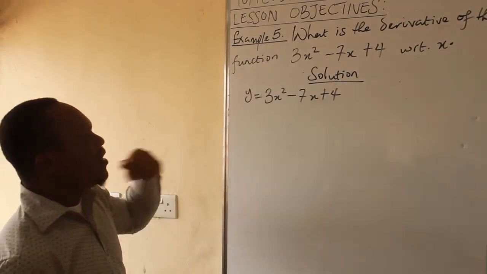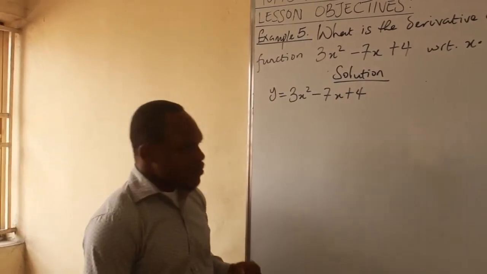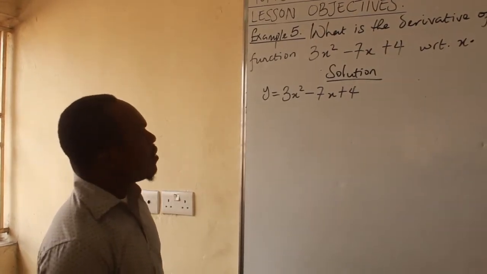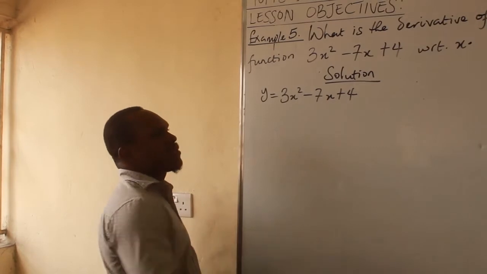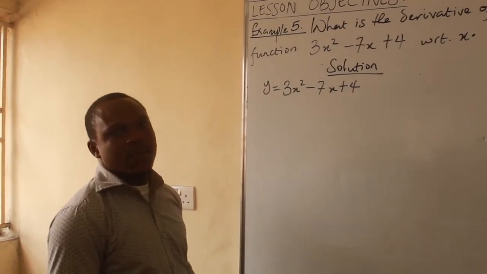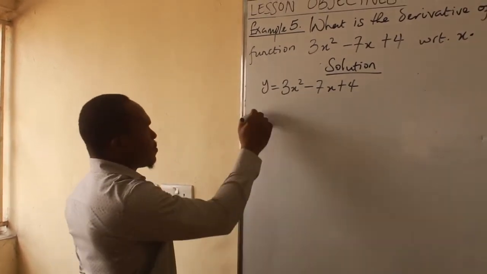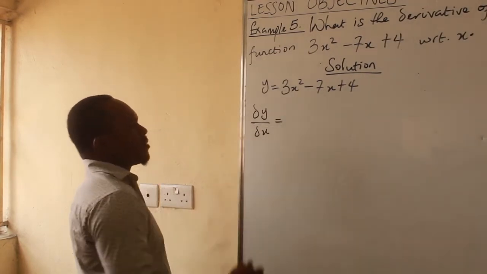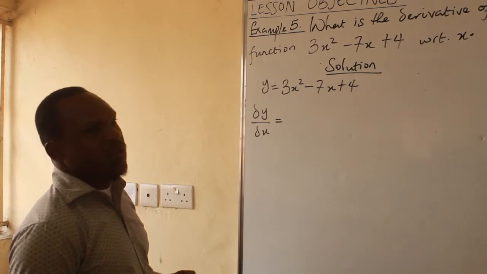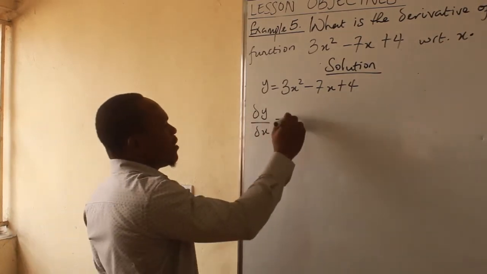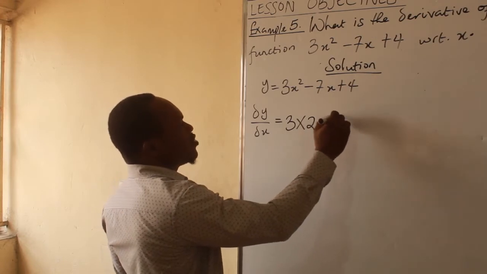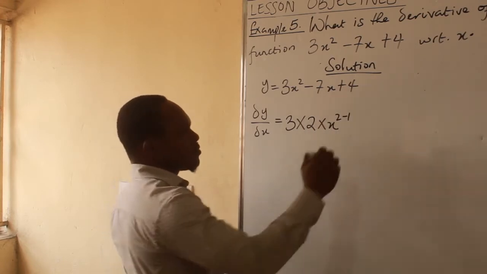But if you also observe here, we have 4 as a constant term. Why is it a constant term? Because the coefficient of x here is 0. Okay, so dy over dx will be differentiating this 3x squared on its own, which will be 3 multiplied by 2 multiplied by x raised to power 2 minus 1.